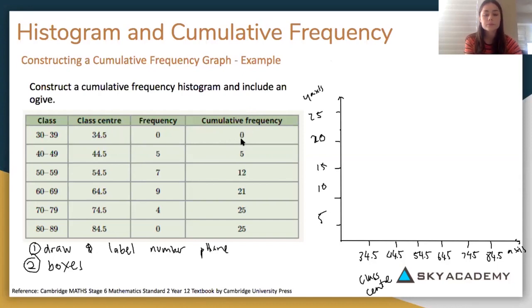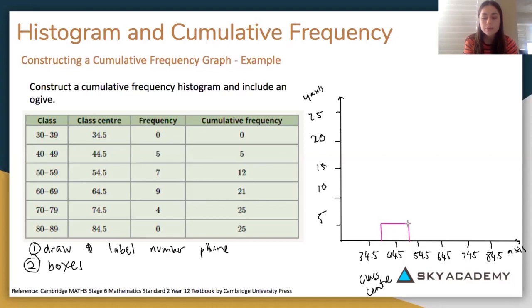For my class center of 44.5, I had a cumulative frequency of 5. So for 44.5, I'm going to go from halfway up about here to 5, which was about there, halfway there, and join them up.